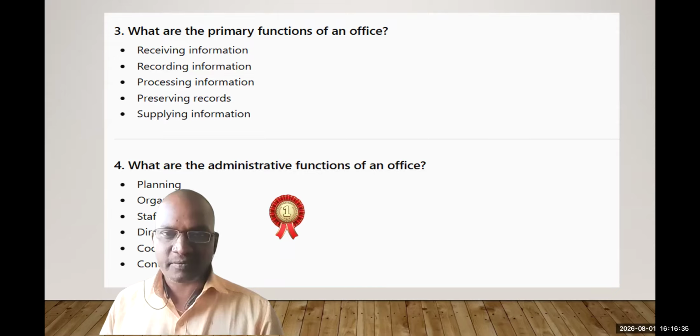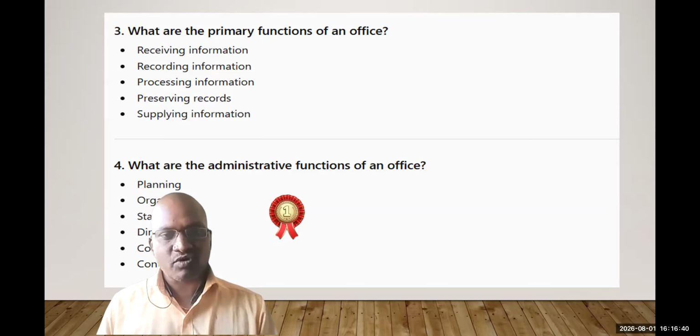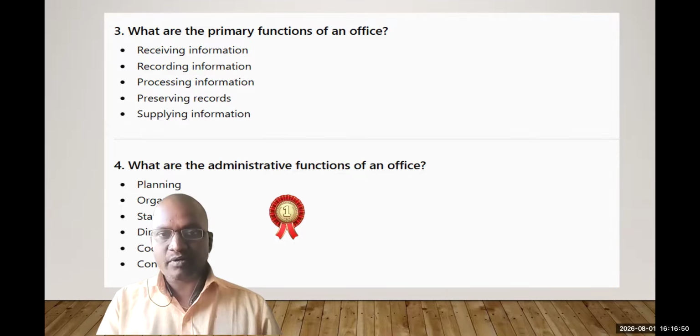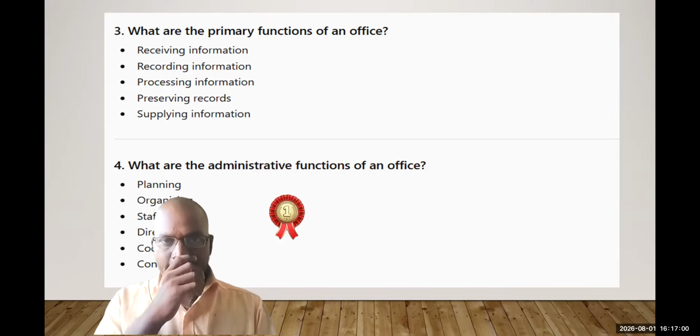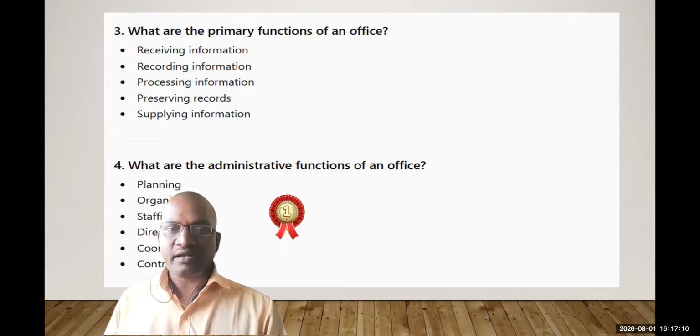What are the primary functions? Primarily the office focuses on receiving information from various departments. If you take the HR department, it does the process of recruiting, selecting, conducting interviews, appointing the faculty members, measuring the faculty performance, then giving promotions, and all the HR-related trainings are given. These functions are done in the HR department.